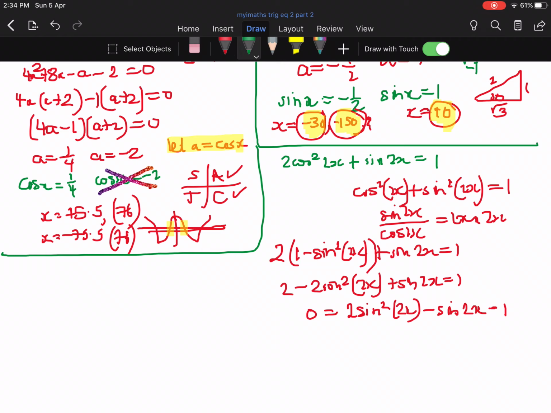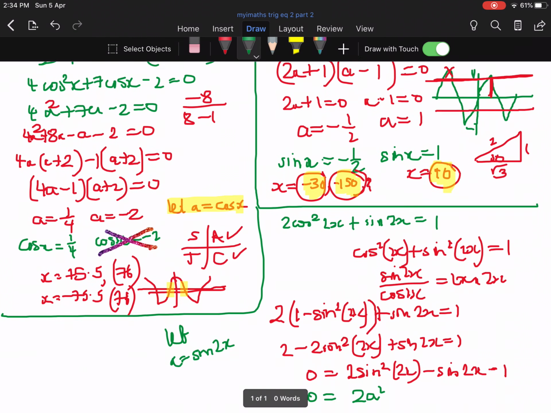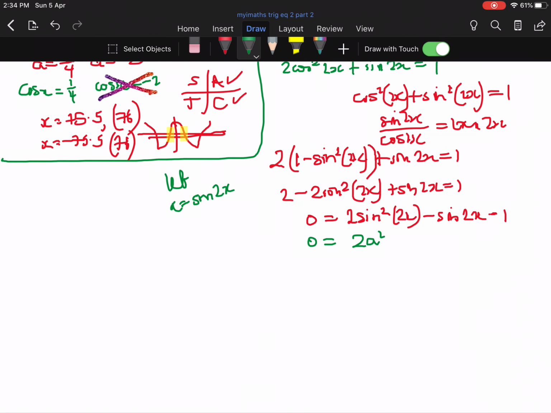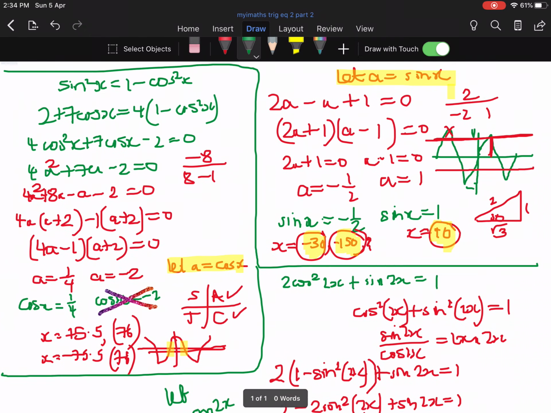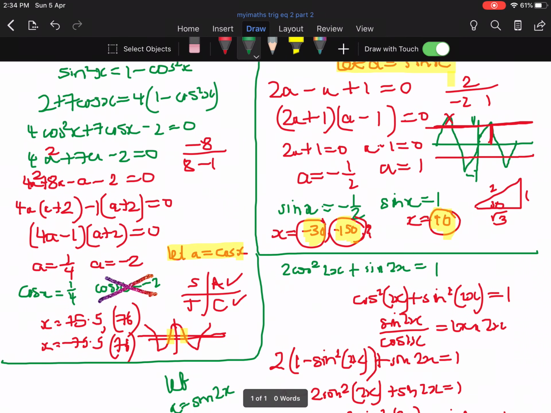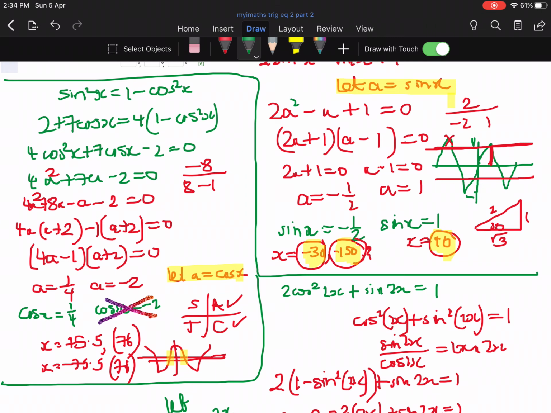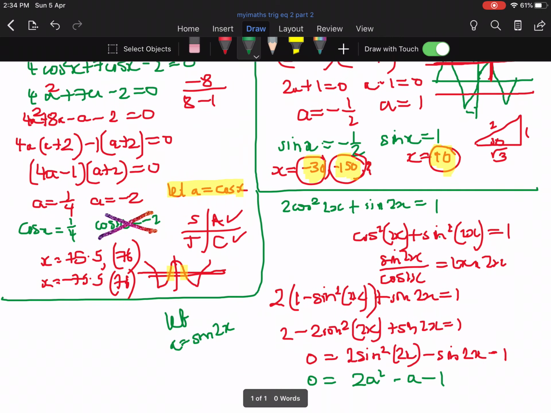So then I can say let a equal sine 2x. So 0 equals 2a squared minus a minus 1. Now if you look above, that's the same format, 2a squared minus a plus 1.